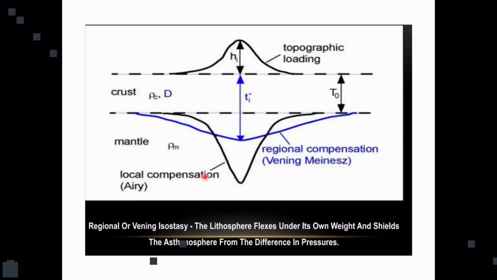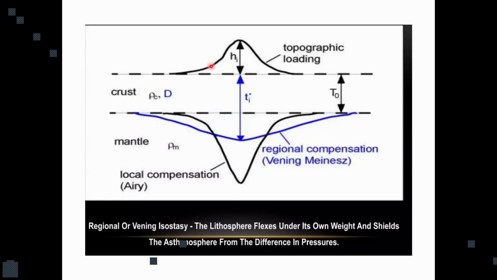The Airy model has local compensation, which is this black line, whereas the Vening Meinesz or flexural model has what you call regional compensation.